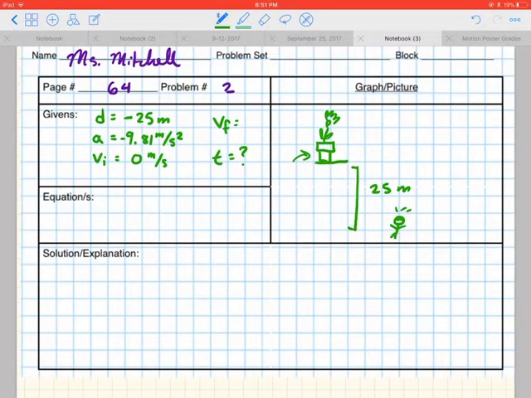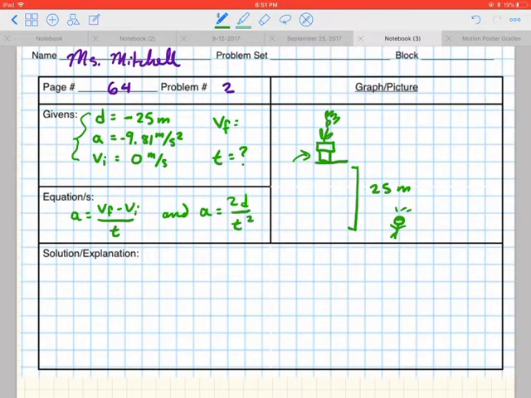Now for the equation. Try to think about what equation relates all of these variables. The one that comes to mind is a equals the change in velocity, vf minus vi over time. And you also have the really beautiful equation a equals 2d over time squared.